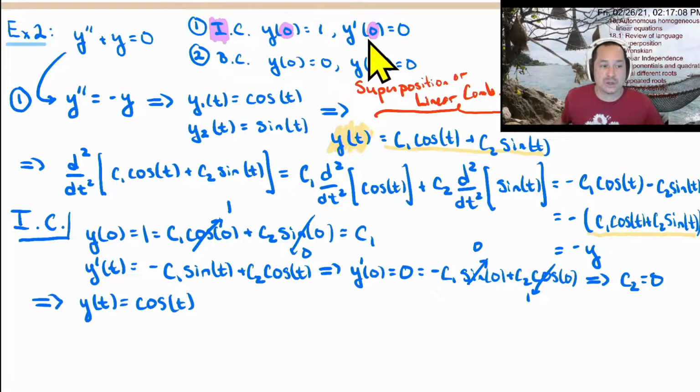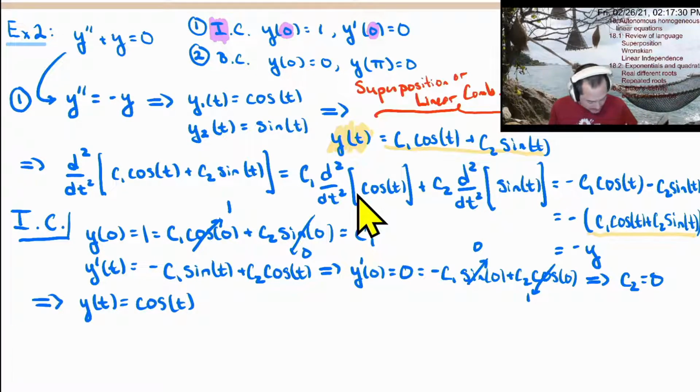And what's your initial velocity? You can think about the initial conditions as how that experiment is initially set up in terms of its initial displacement and initial velocity. Okay? That is different than boundary conditions.